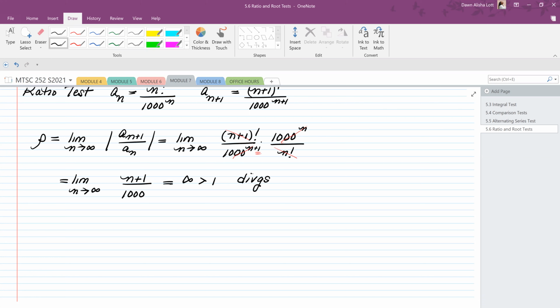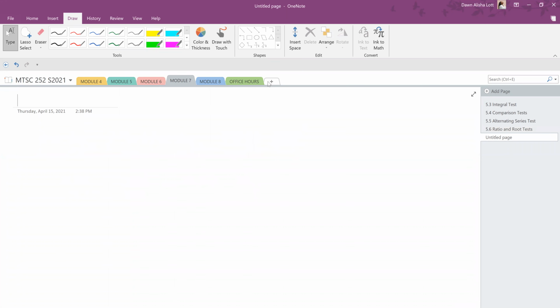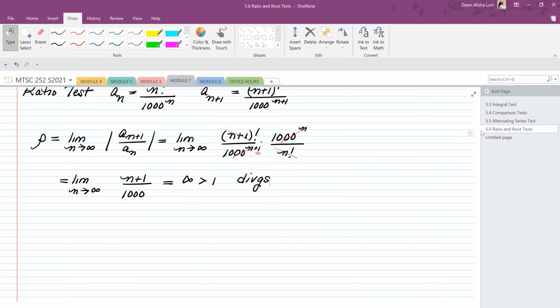Any questions? I had a question. So the way that we get to a_(n+1) over a_n is that we take n and we replace it with n plus 1 to do the whole ratio. Yes.